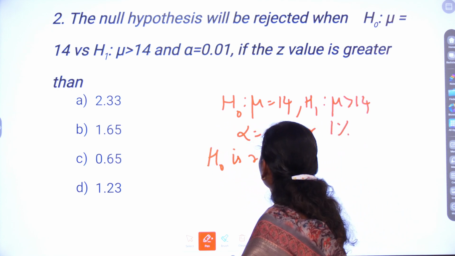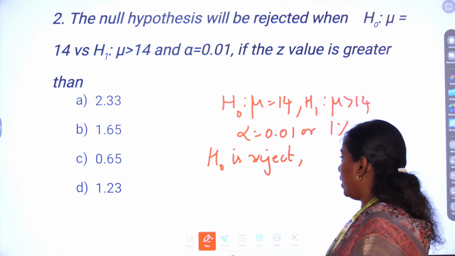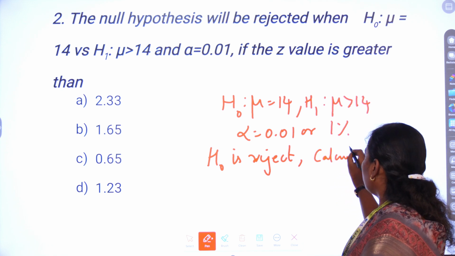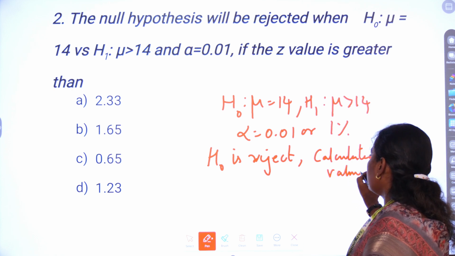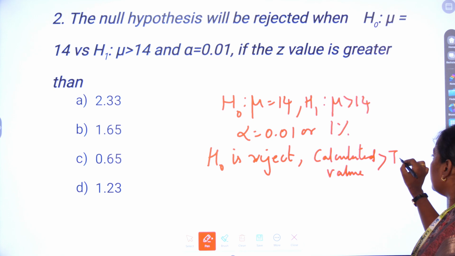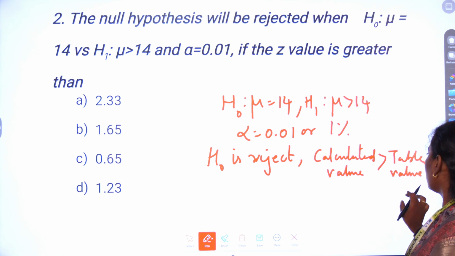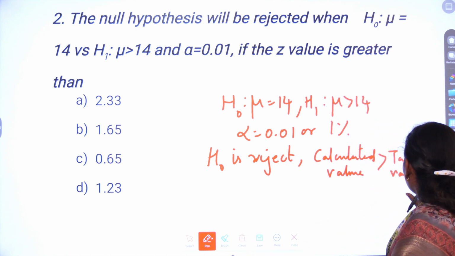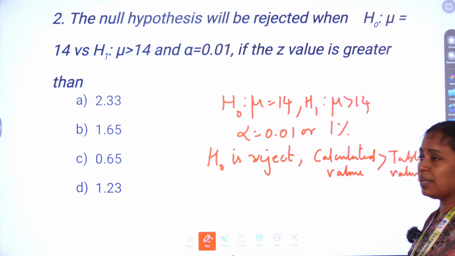Just now we saw, when do we reject our H naught? When your calculated value, that is the test statistics, is greater than the table value, in such case you will reject your H naught.